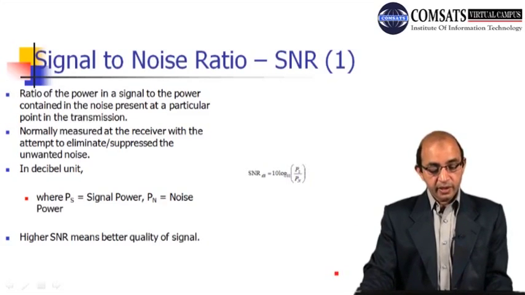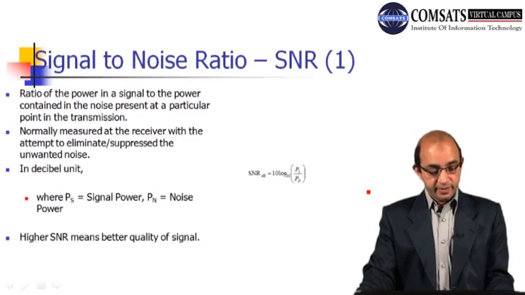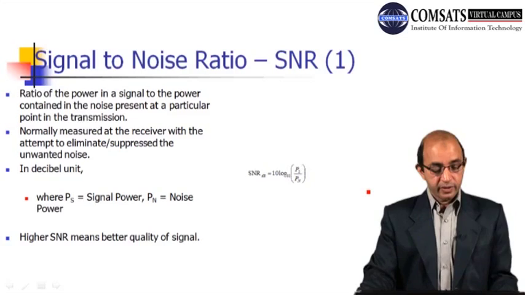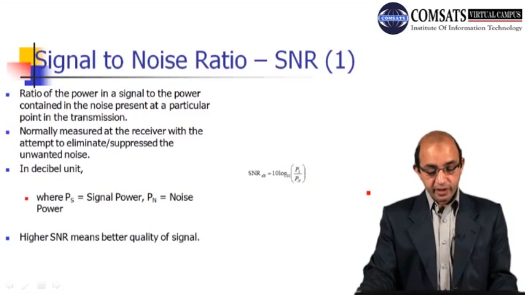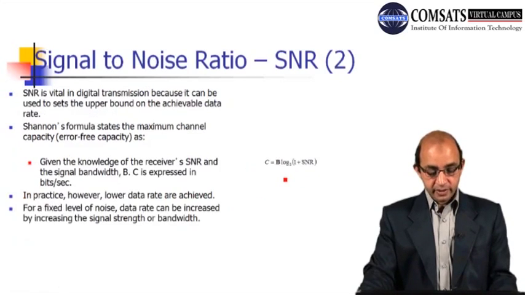We normally measure this signal to noise ratio at the receiver, in an attempt to eliminate the unwanted signal, that is the noise. It is represented in dBs: we have Ps over Pn, where Ps is the signal power and Pn is the noise power. A higher SNR means better quality of the signal. It is again in decibels.